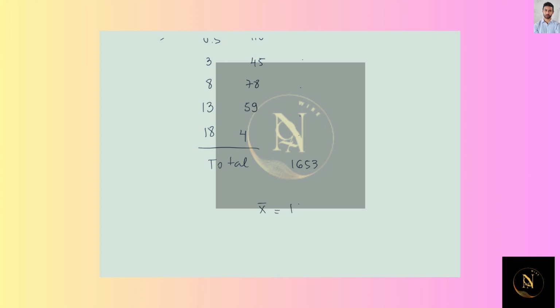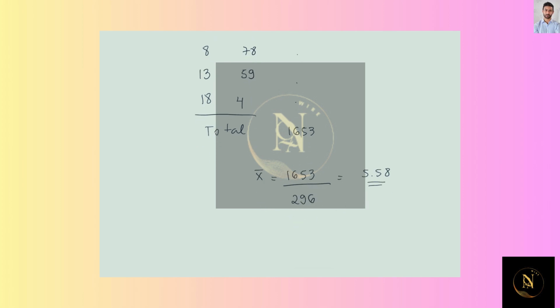This means that the mean age will be that summation over the total number that we have evaluated, which is 296, and if you compute this, you get 5.58 as the mean. So that is what we are calling the mean, which I'm gonna write like this. So that's the answer for the first part.